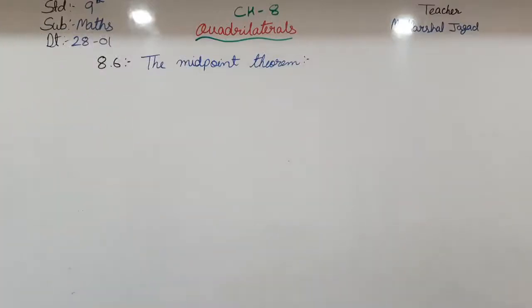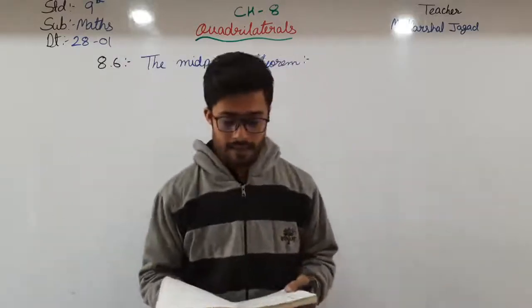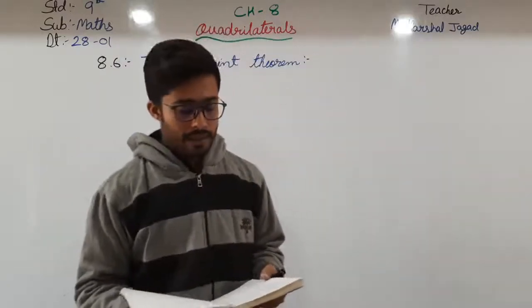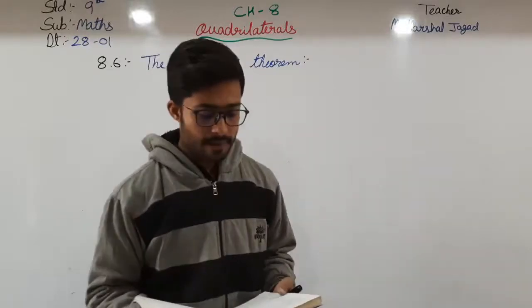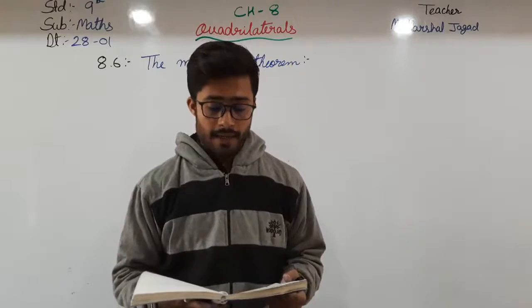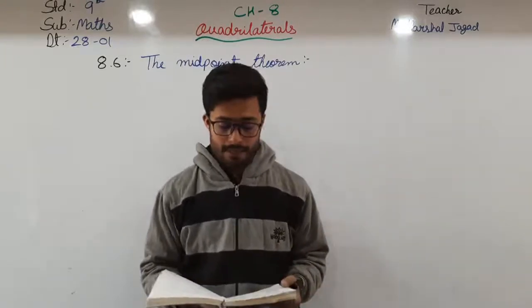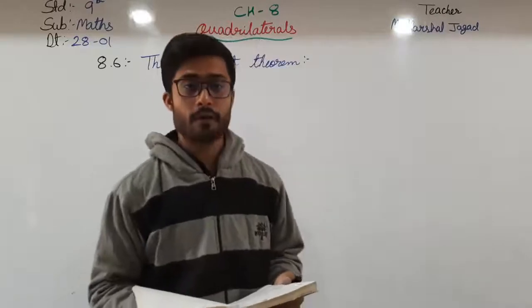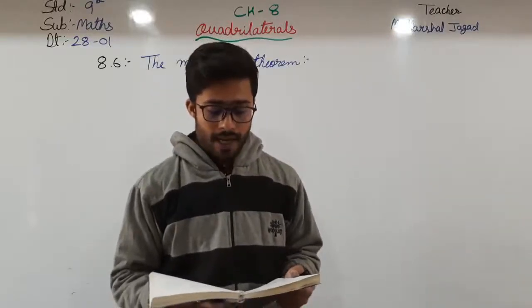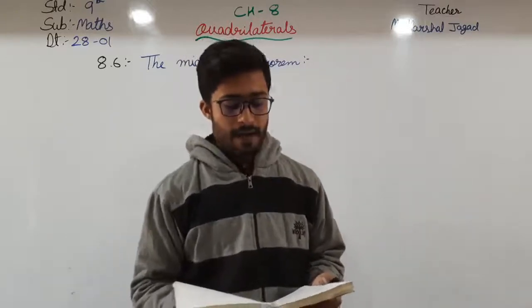Here it is written: you have studied many properties of a triangle as well as quadrilaterals. Now let us study yet another result which is related to the midpoints of the sides of a triangle. Perform the following activity. Draw a triangle and mark the midpoints E and F of two sides of the triangle. Join the points E and F. Measure EF and BC.